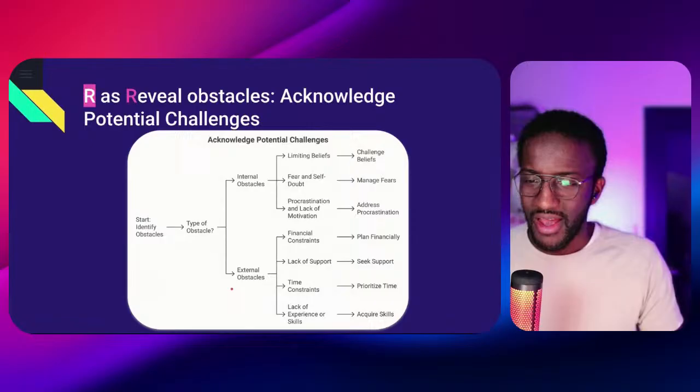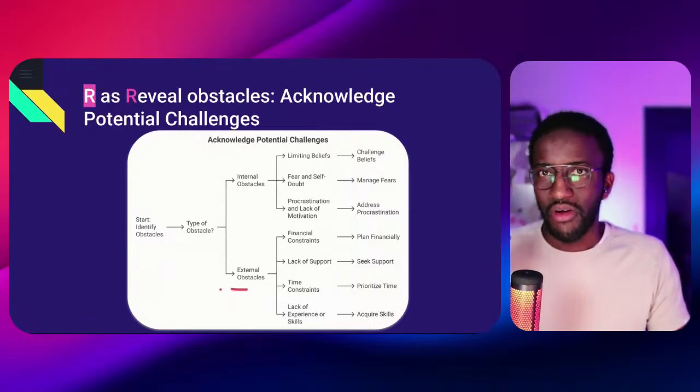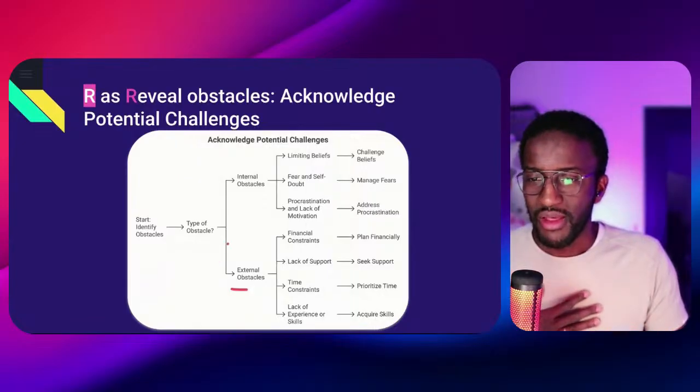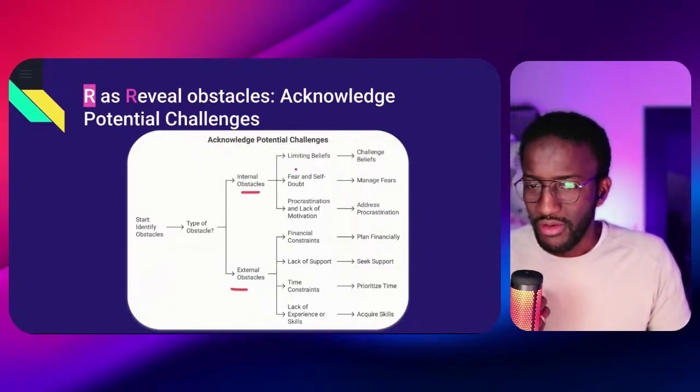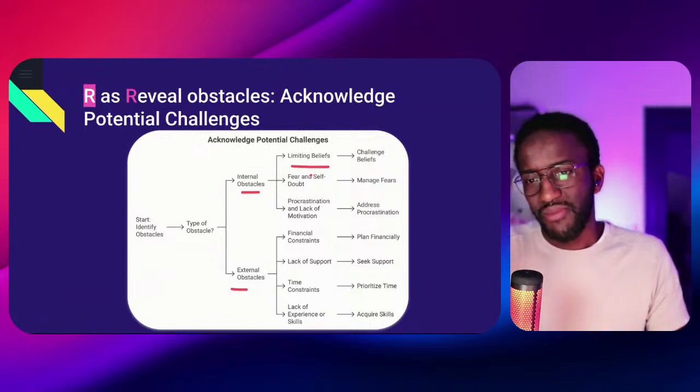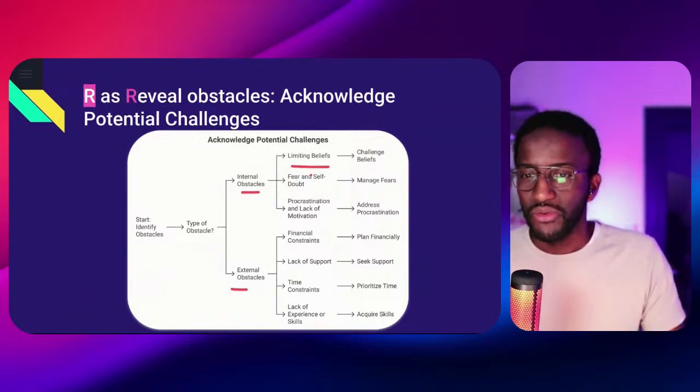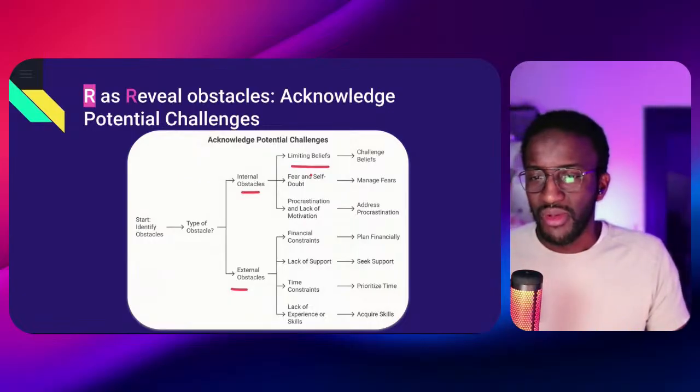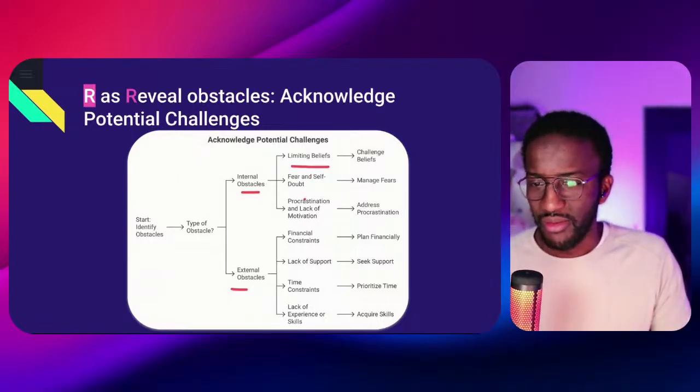And then you have external obstacles, which may be your unmet desire. In terms of internal obstacles, for example, you can have limiting beliefs. In the next step, once you have identified those limiting beliefs, you have to dig deeper to see why you have them and how you can challenge them.